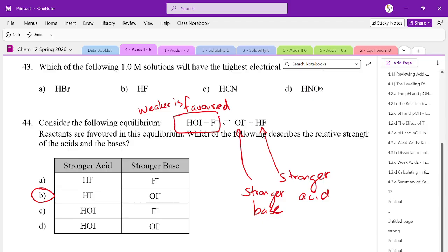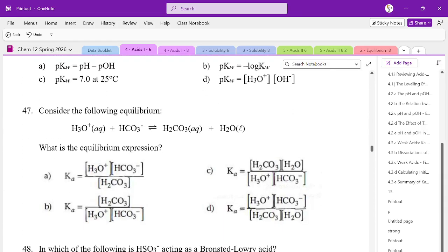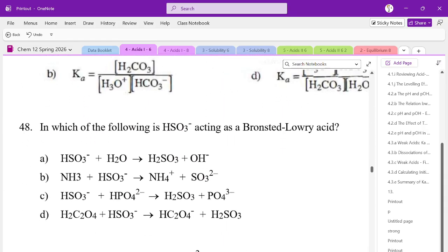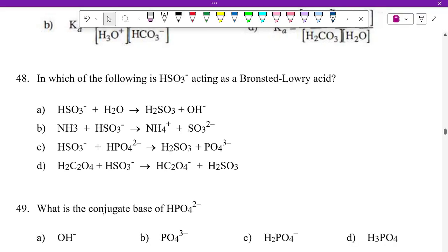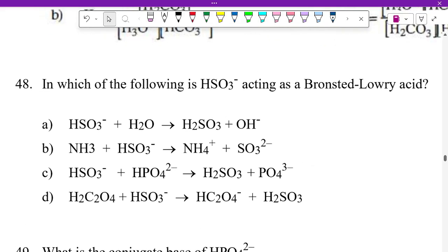Number 48. In which of the following is HSO3 acting as a Bronsted-Lowry acid? So we need HSO3 to be giving a proton away.